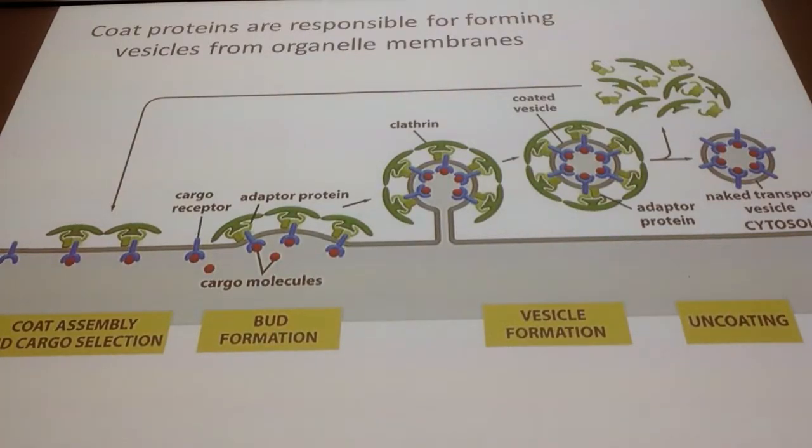All coat proteins do the same thing. They identify the organelle where budding must occur, and then they catalyze or induce the budding process. But the reason why there are three different coat proteins is because there are different organelles. Each coat protein recognizes a different membrane. How does it recognize the different membranes?